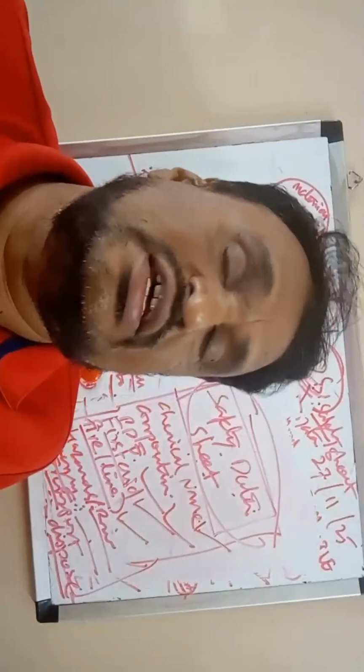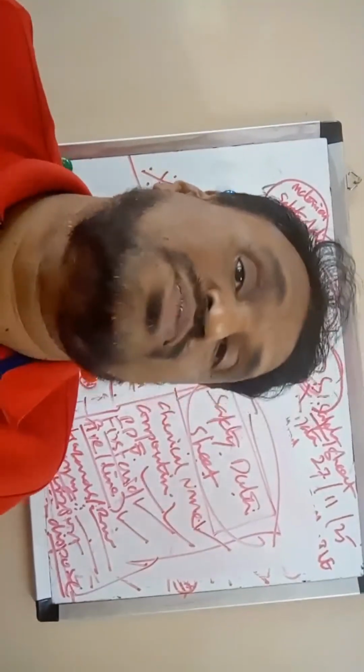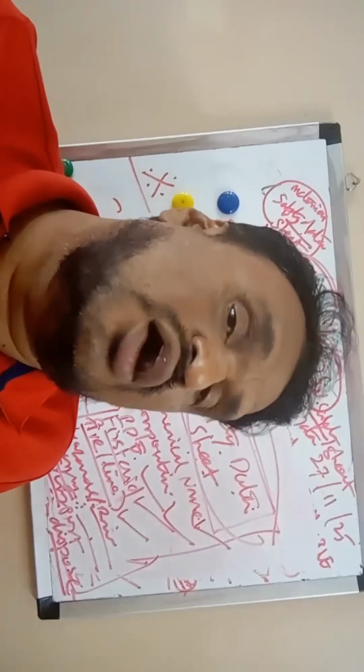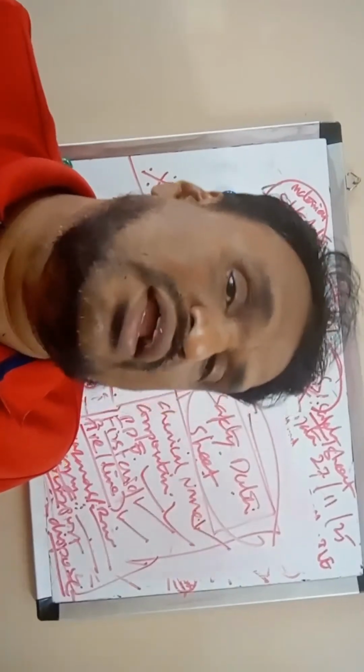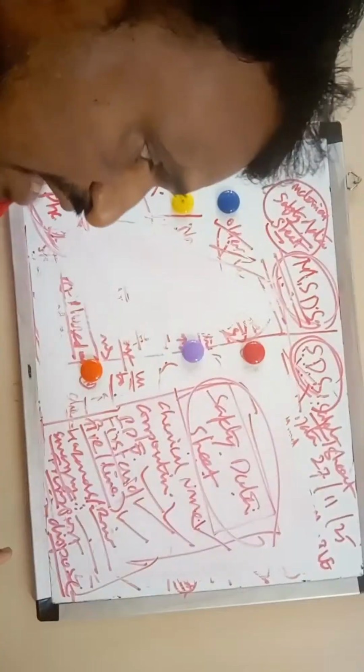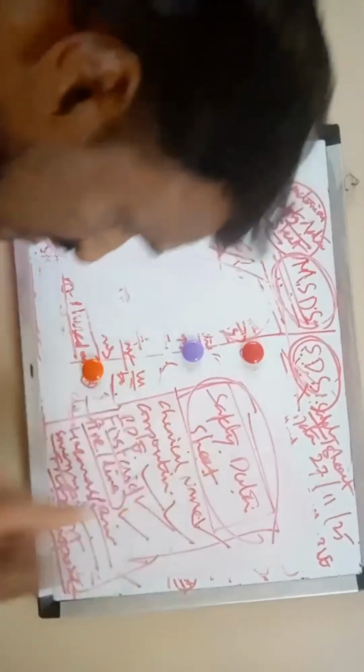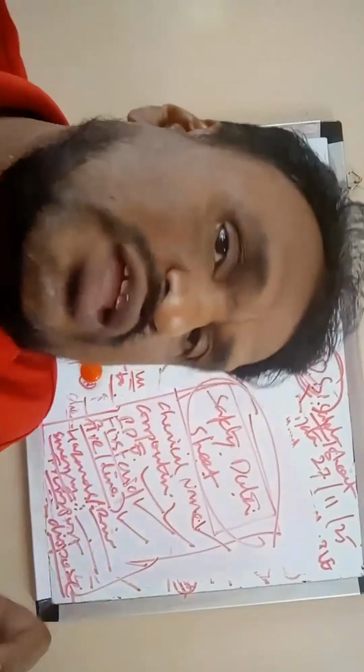This is the universally harmonized, universally accepted data sheet that you have to keep wherever you are working with that chemical. Based on this direction only, you have to dispose of the chemical. Based on this direction only, you can transport the chemical.